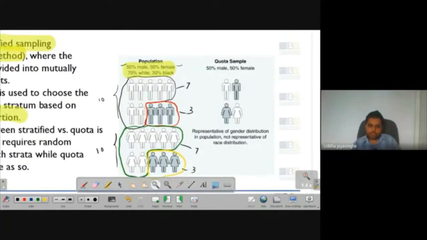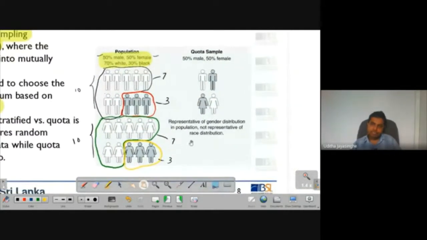Now, from these groups, what we have done here is selected a quota of 50 males and 50 females. So from this sample, you can say 50% is male and 50% is female.